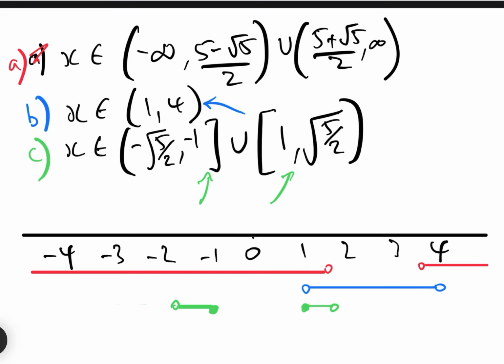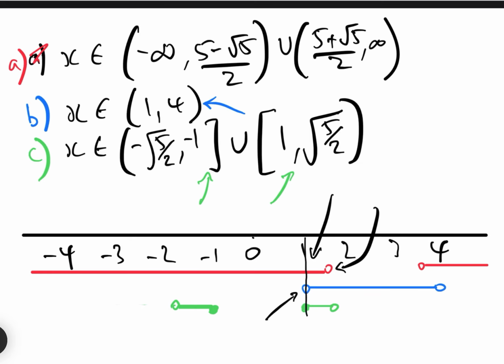Okay, so basically the final answer to the domain of the function is where all of these three intersect. Well, clearly all of these three intersect here, which is at the number 1, but not including the number 1, to the number here, which was 5 minus root 5 over 2, but not including 5 minus root 5 over 2.